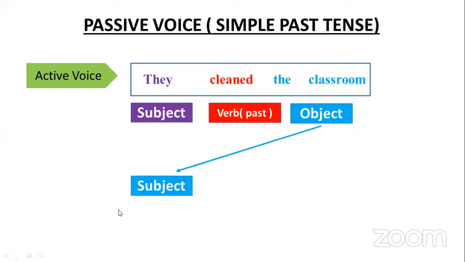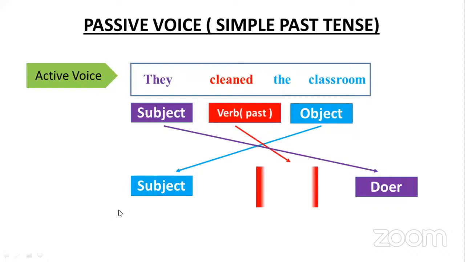Next, we have to change the subject into the doer. The doer is the person who is doing this task. Then the verb becomes past participle form.